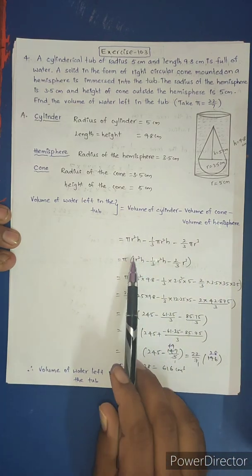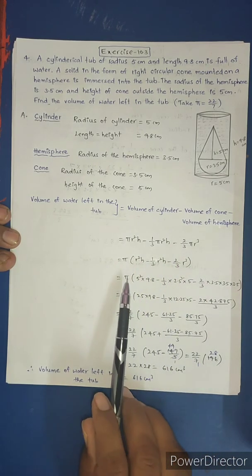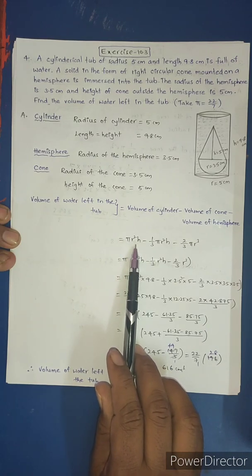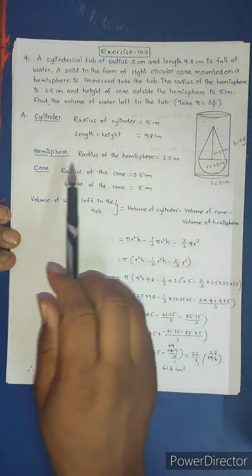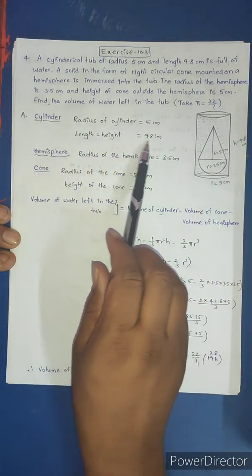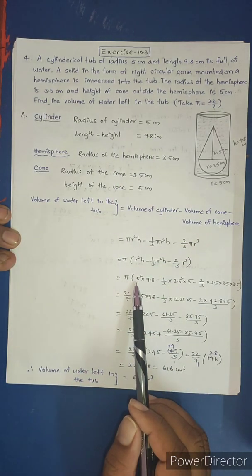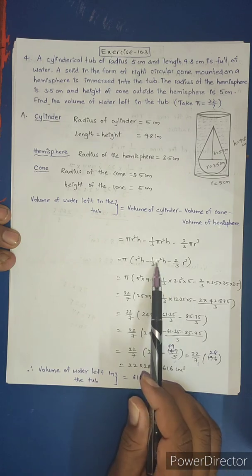Okay, now remaining is r square h minus 1/3 r square h minus 2/3 r cube. Now pi r square h is the volume of the cylinder, with height of the cylinder h. How much is the height of the cylinder? H is 9.8 centimeter, radius 5 centimeter. So 5 square into 9.8 minus 1/3 into r square h.